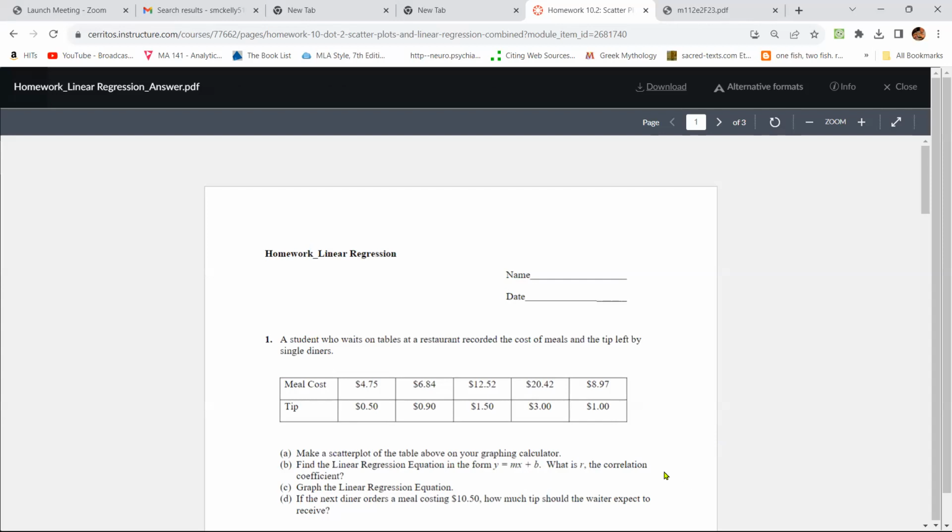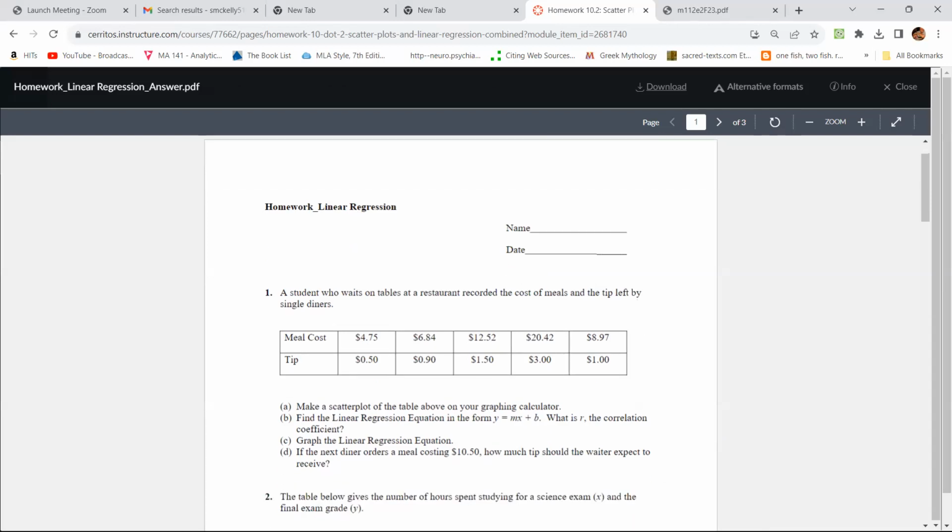So for part B, you have y equals 0.1569x minus 0.2992.